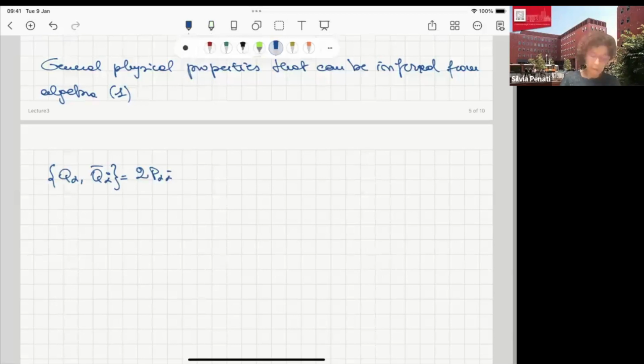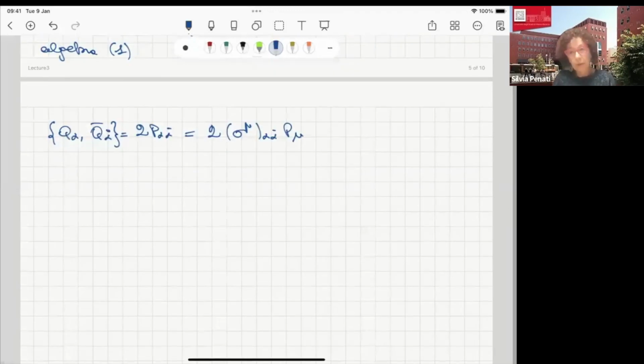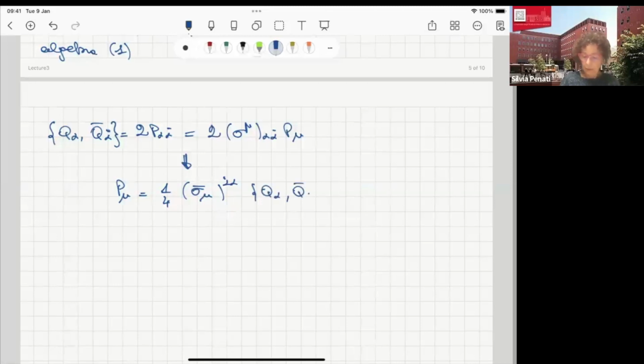Remember that P alpha alpha dot, as I said, is defined this way. Okay, if you use the properties of the sigma mu matrices that we listed at the very beginning of the course, you can invert this relation. And from here, you can write that P mu is equal to 1/4 sigma bar mu alpha dot alpha times {Q alpha, Q bar alpha dot}.